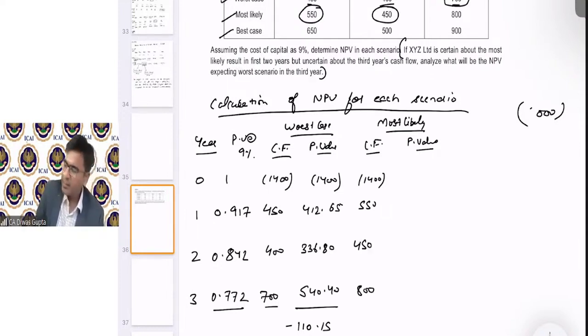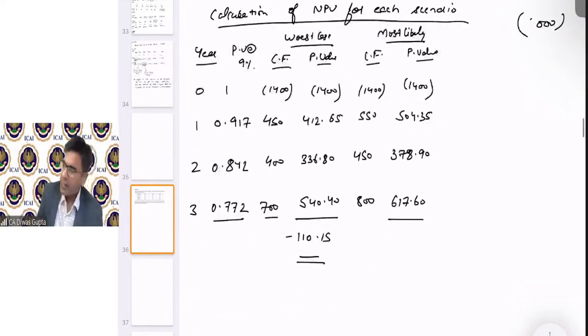Present value we'll just multiply with the factor. 1400 will be 1400, 550 becomes 504.35, 450 becomes 378.90. Then lastly 617.60. In totality, it becomes 100.85.